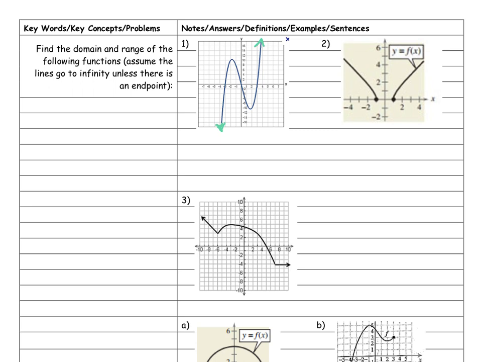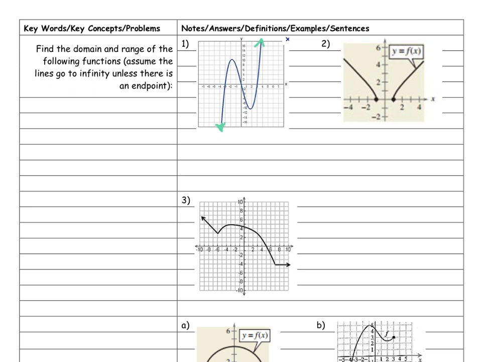Infinity and negative infinity, that way you don't have to spell out infinity every time. Or you could do INF and negative INF, but 2 little zeros next to each other look like infinity. So when you're typing your answer into the chat box, you can do that. Is that okay? Okay, awesome.